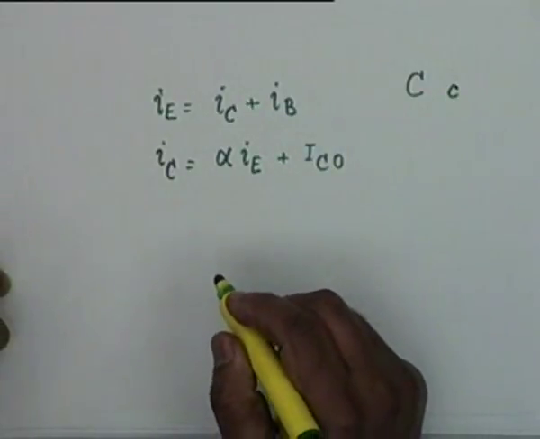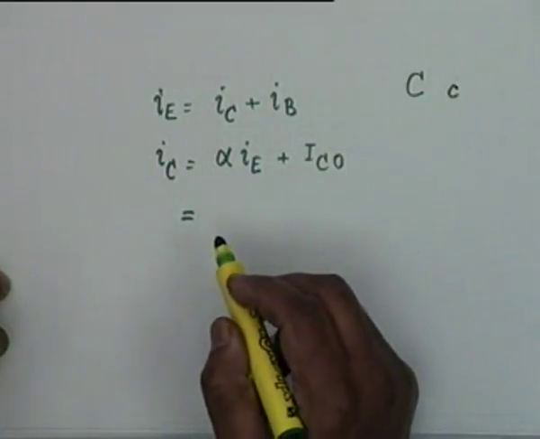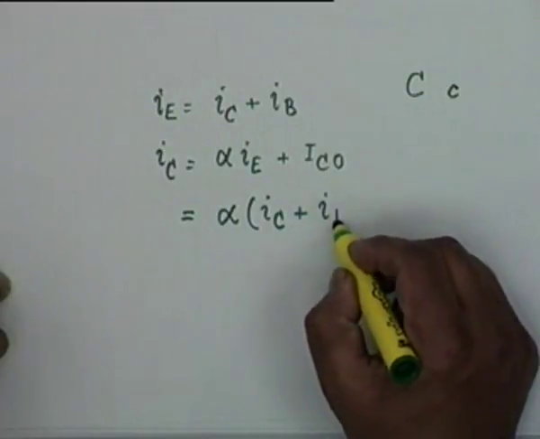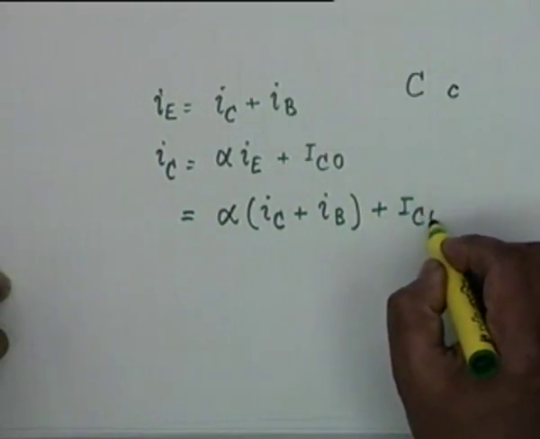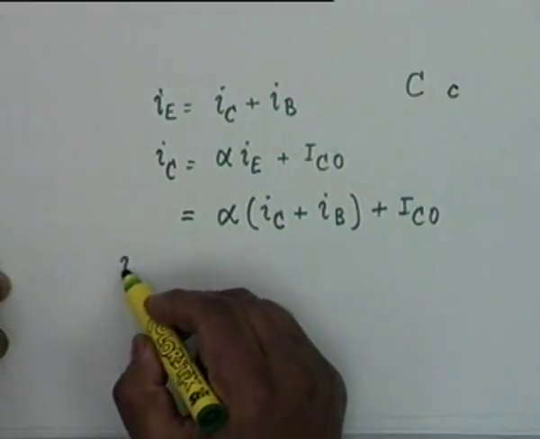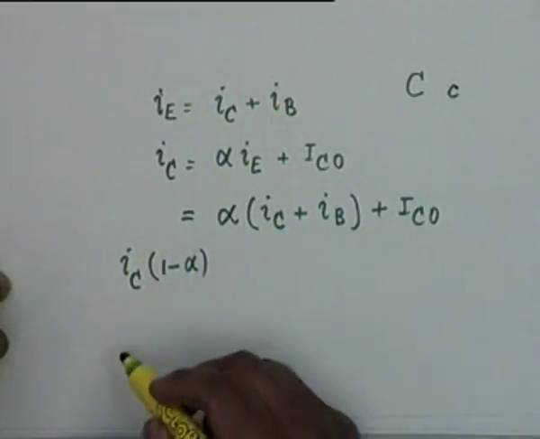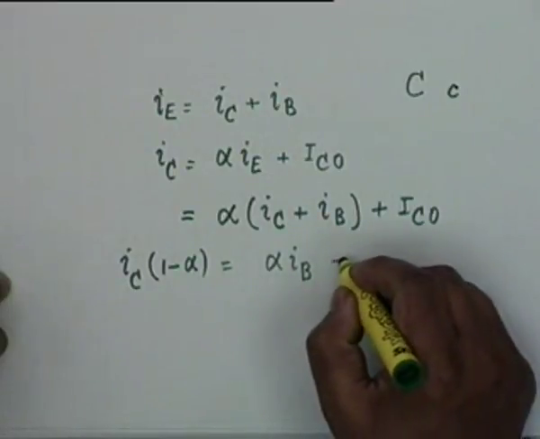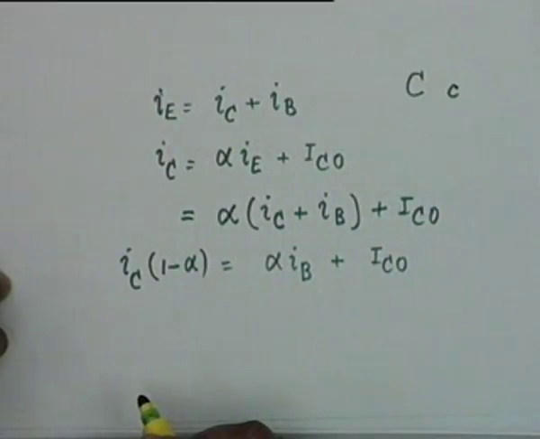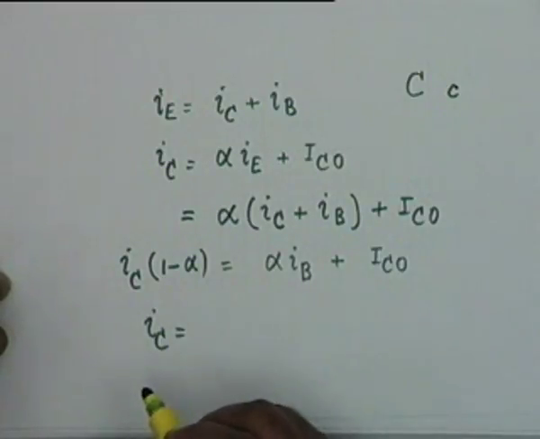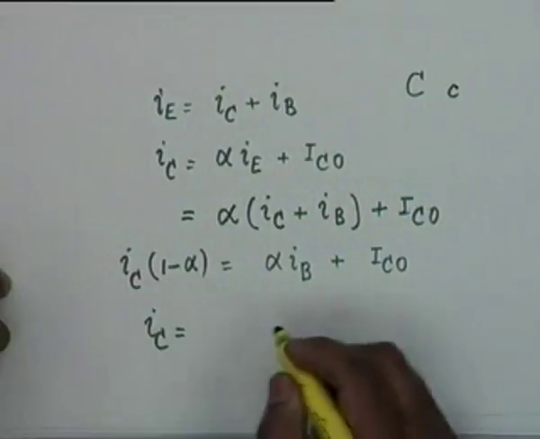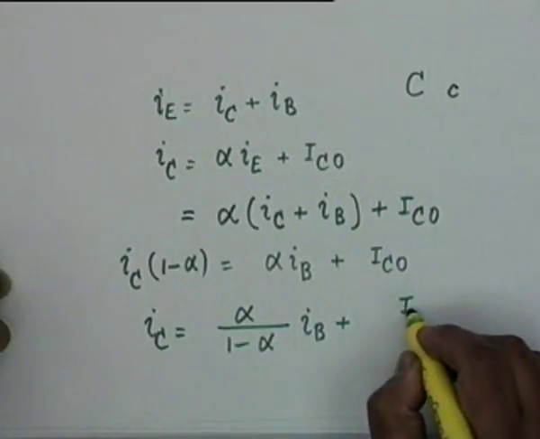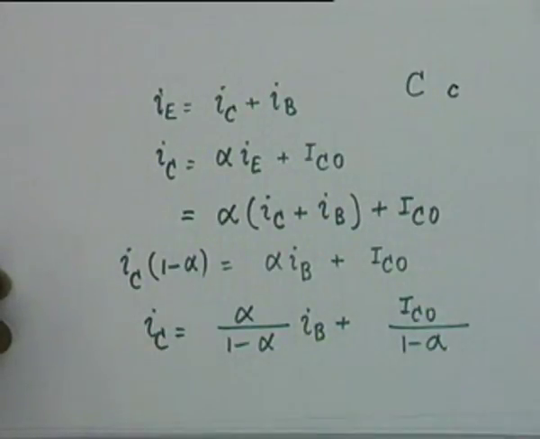This is the reverse saturation current. If I substitute for I sub E here, I get alpha times I sub C plus I sub B, plus I sub CO, and it is very easy to see that what I get is I sub C times 1 minus alpha, if I transfer this to the left hand side, becomes equal to alpha I sub B plus I sub CO. In other words, the relationship between collector current and the base current is I sub C equals alpha by 1 minus alpha times I sub B, plus I sub CO divided by 1 minus alpha.